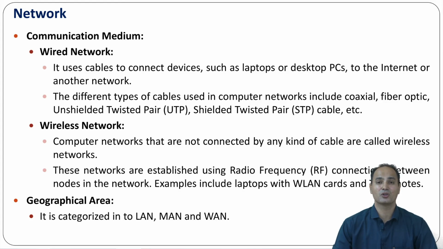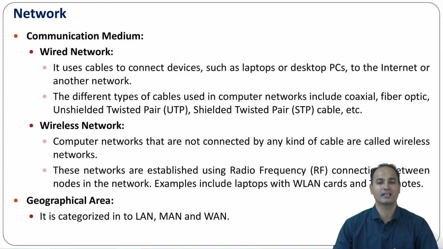The different types of wired networks or cabled networks include coaxial cables, fiber optics, unshielded twisted pair, shielded twisted pair cables, etc. While a wireless network is a network which is not connected through wires or cables. That is called wireless network.